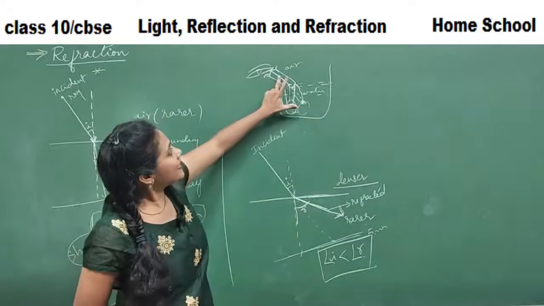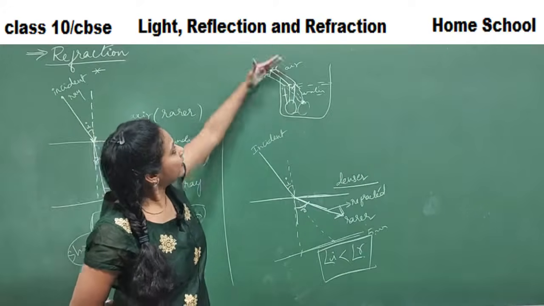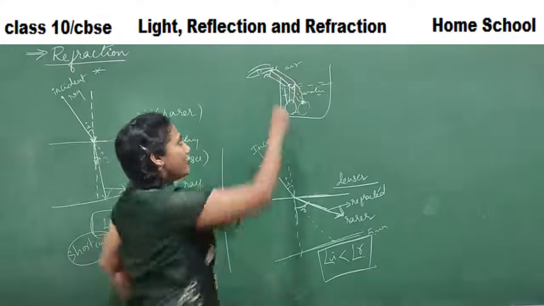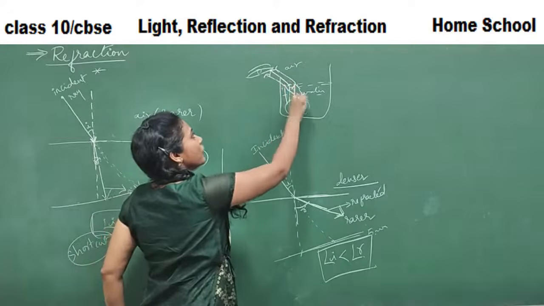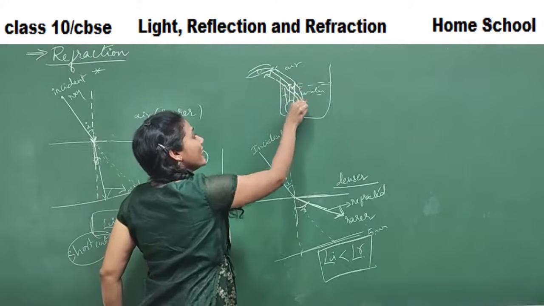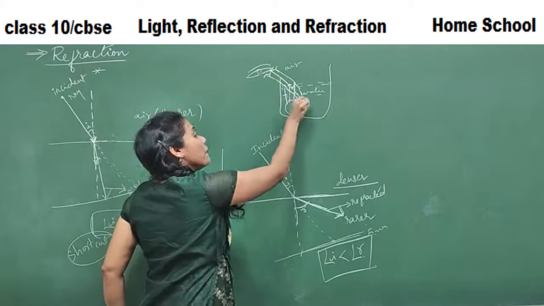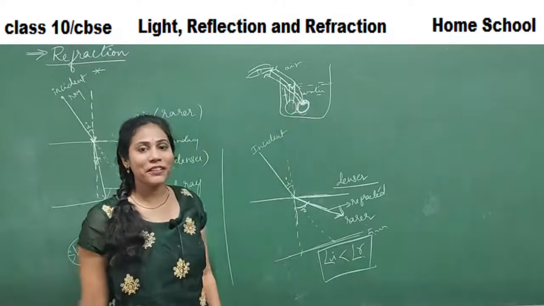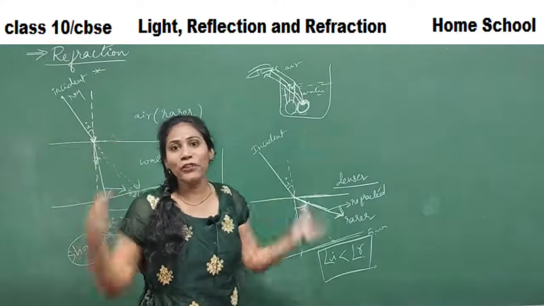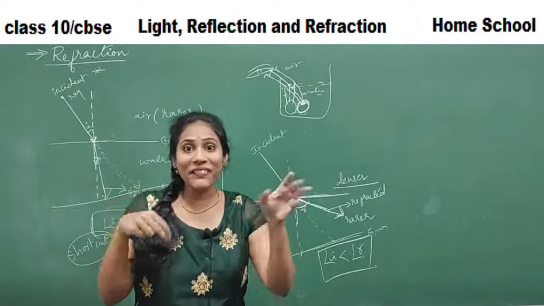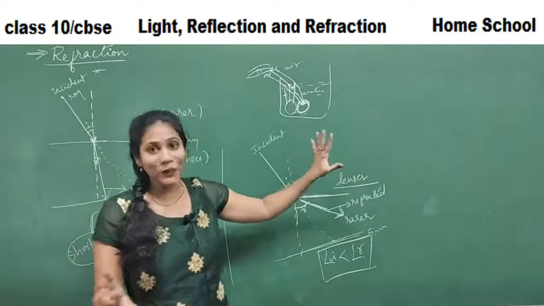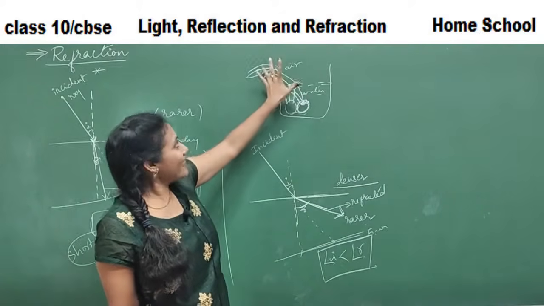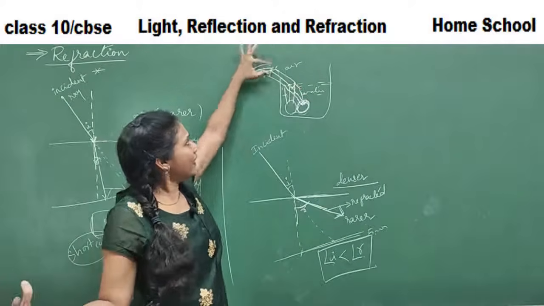So these three rays, where are they meeting? Here, this side they are meeting. They are not meeting on the back side. If I join all these rays, they meet here. That's the reason to my brain, the coin appears in this position. So the brain is a big fool, guys. The brain's activity is surrounded by light only. The rays have bent and reached the eye, but that is not enough, guys.